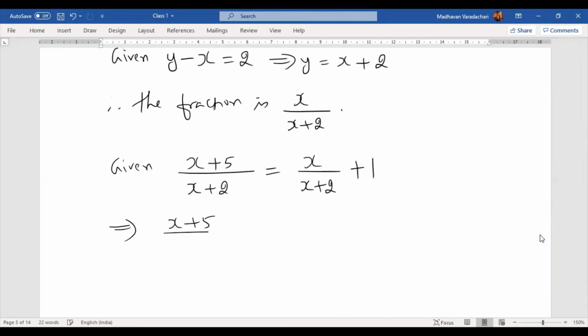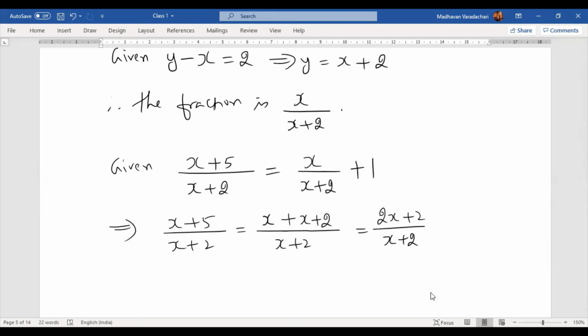So how do I solve it? Keep this as it is. The left side. Here you will be taking LCM, which is x plus 2. So here it is x plus 5. Now here 1 you will be multiplying by x plus 2. You get x plus 2. That means this will become 2x plus 2 by x plus 2.